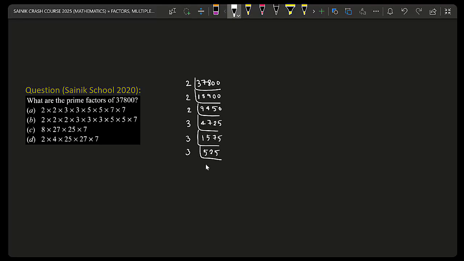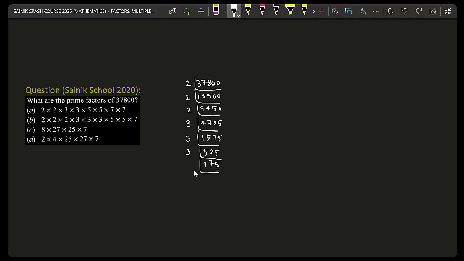What is the new quotient? 175. Is it divisible by 3 now? No, sir. So we have to check the next prime number. What is the next prime number? 5. Is it divisible by 5?